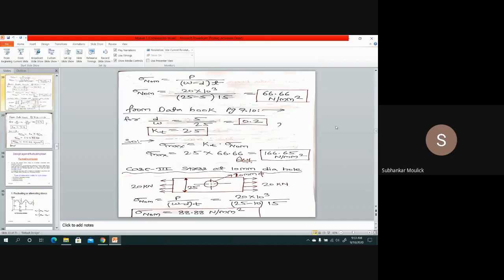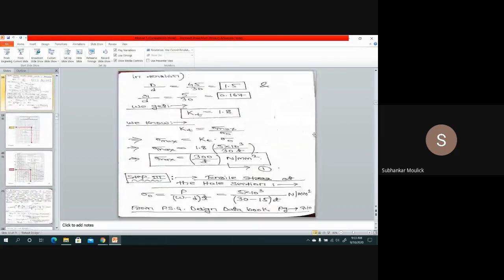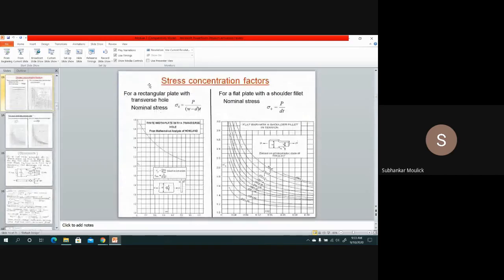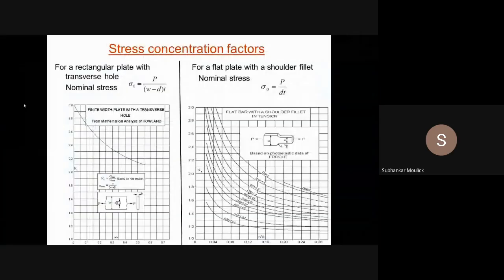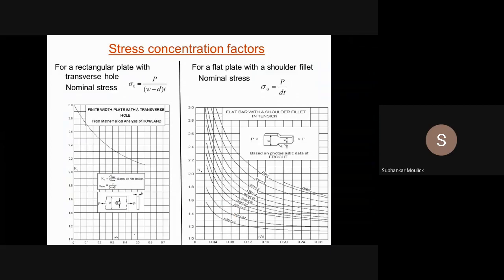So let us find out. This is that particular value of A by W, 0.4.